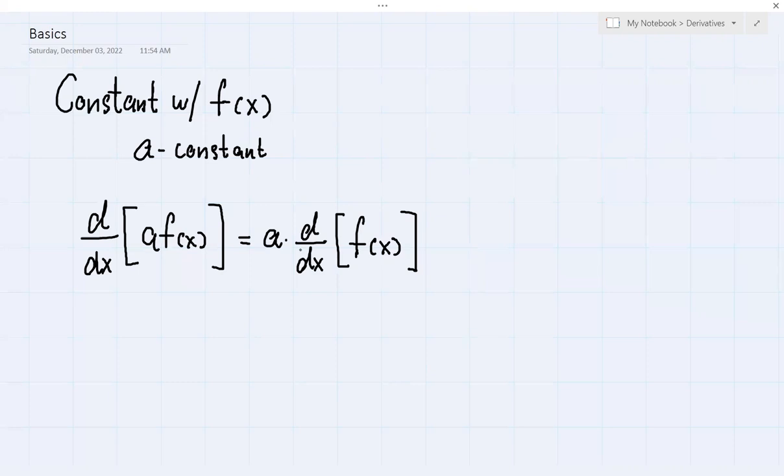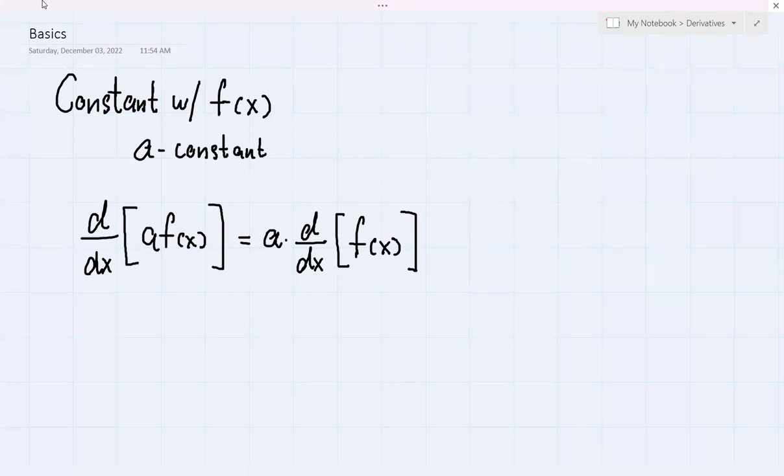Nakukuha ba? Basically, if you have a term that has a function, tapos may constant, tapos kukunin mo yung derivative niya, ang gagawin mo is, ikopya mo lang si constant, tapos kunin mo yung derivative ng katabi niya, which is yung function niya. Yun yung fourth rule na di-discuss natin.